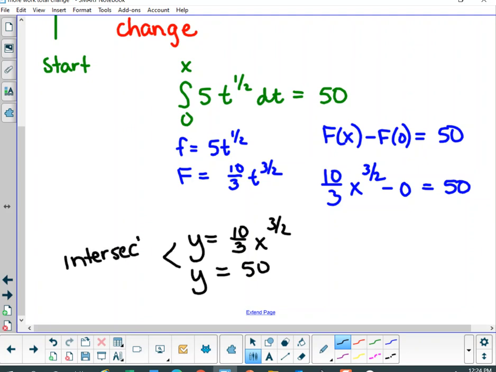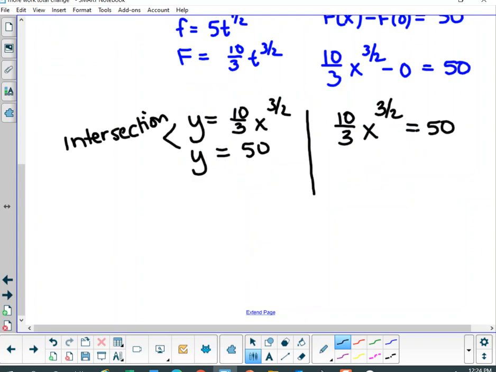find the intersection. Okay. In this one, and I know this will make some of you happy, we can also do some algebra. 10/3 x to the 3/2 equals 50. So if I do a little algebra here, I multiply by 3/10, x to the 3/2 equals 15.